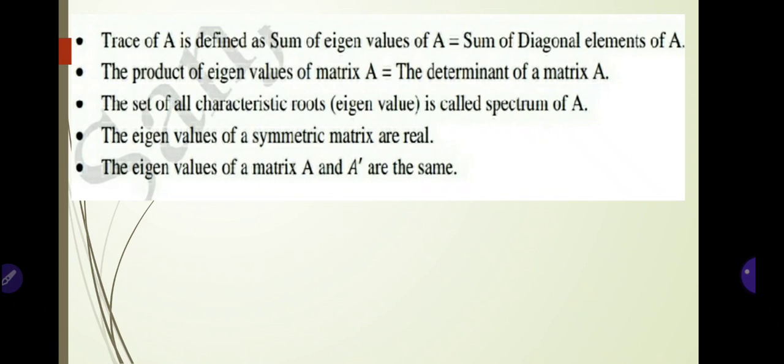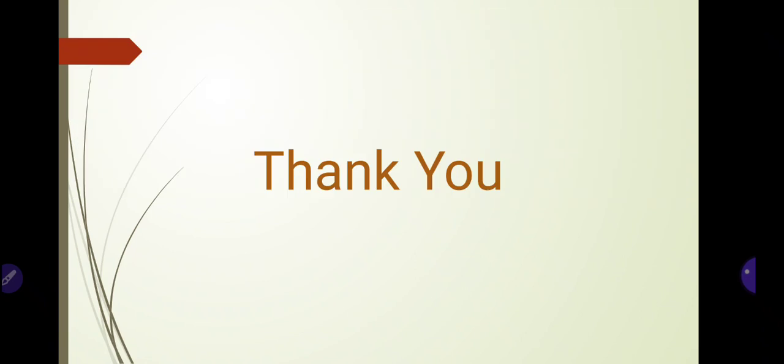The eigenvalues of matrix A and A transpose are the same. So these are the properties of eigenvalues and eigenvectors.